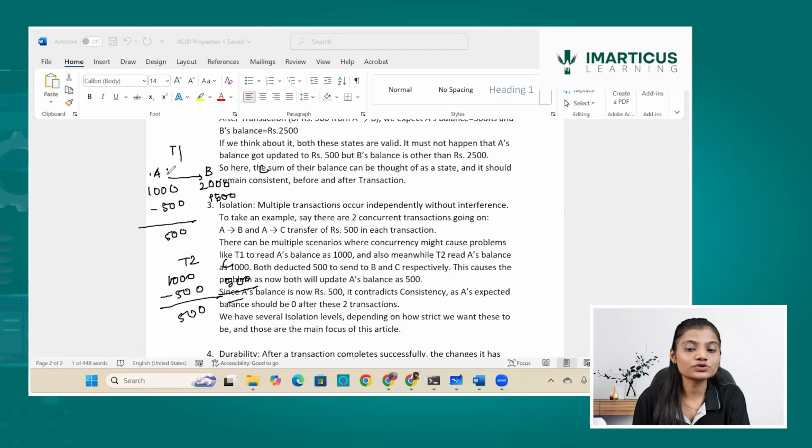So what I should say is, when A is transferring an amount to B and C, it had 1000. So at the same time it can send to B and it can send to C, and it will be deducted by 500 and by 500, making this 0.